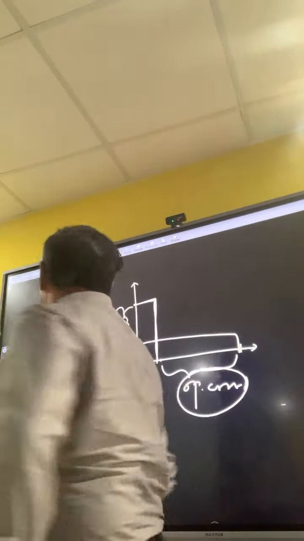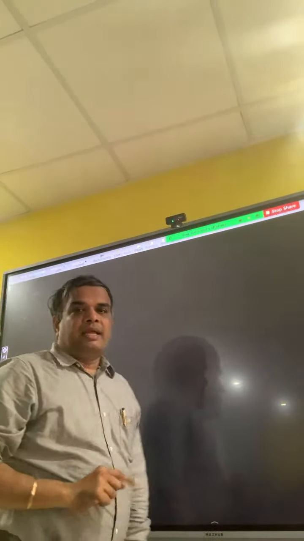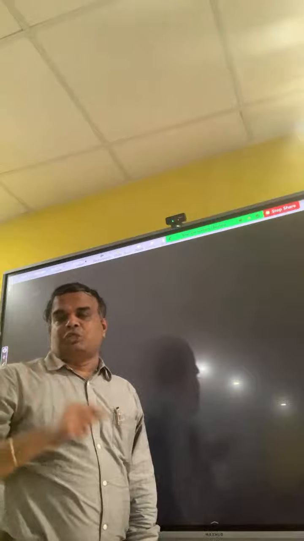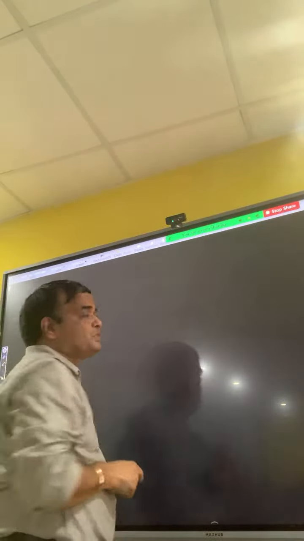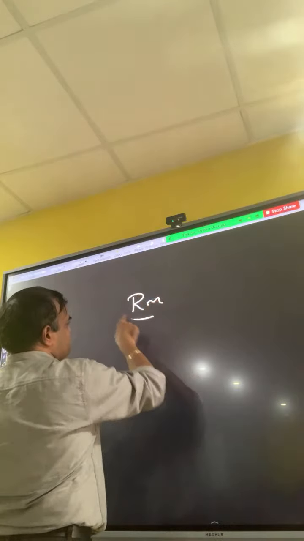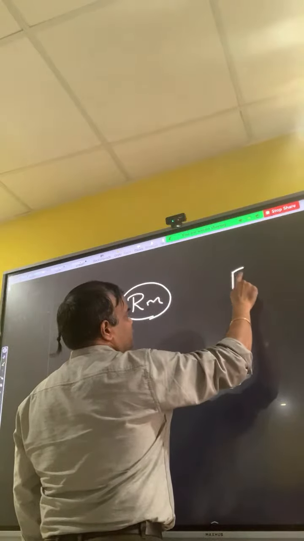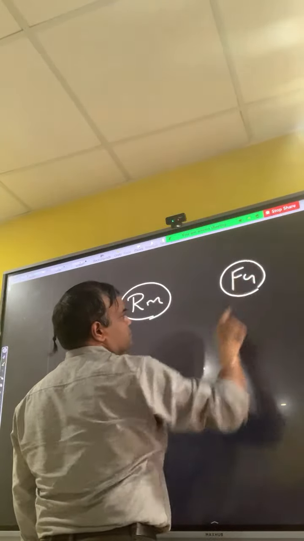If you see conversion cost, converting raw material into finished goods is called conversion cost. So, we are having raw material and we want to convert the raw material into finished goods.